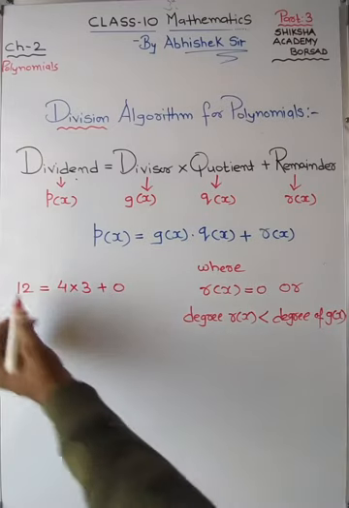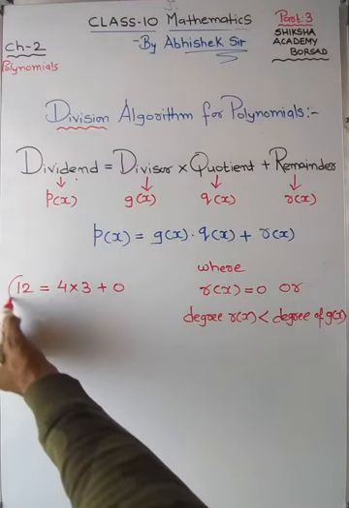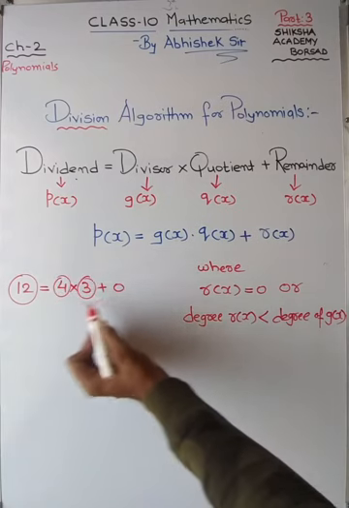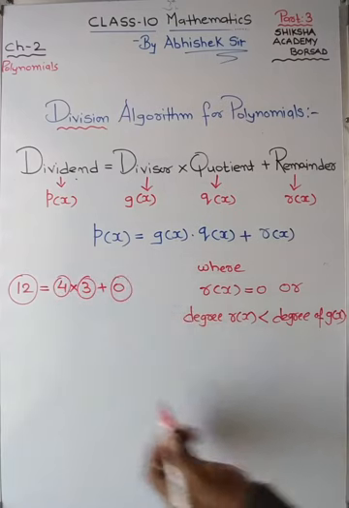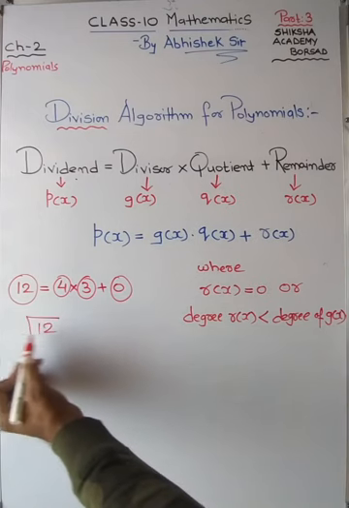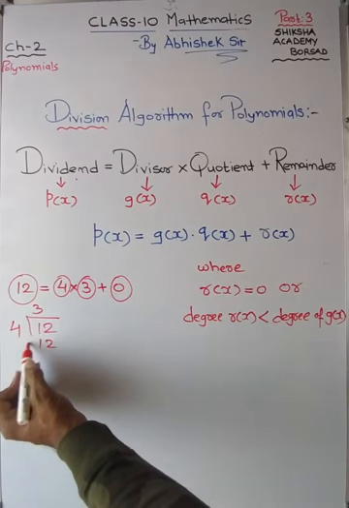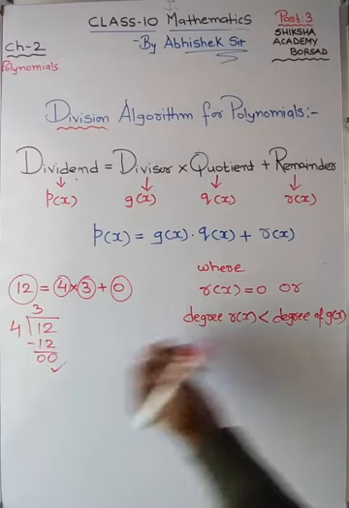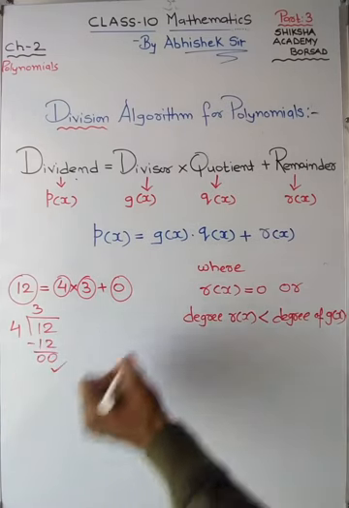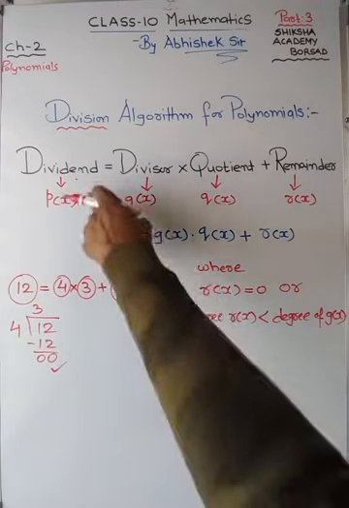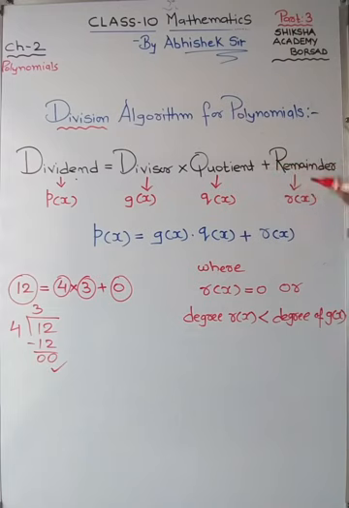You see, this is the dividend, this is the divisor, this is the quotient, this is the remainder. So if you divide the dividend by the divisor, you will get the quotient and remainder. This is the very easiest example of this formula: dividend equals divisor into quotient plus remainder.